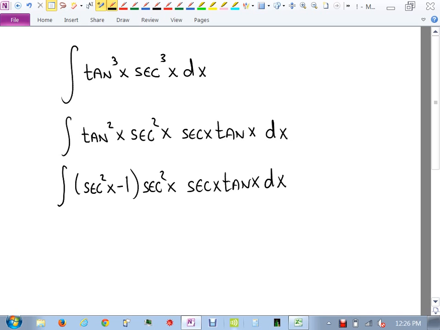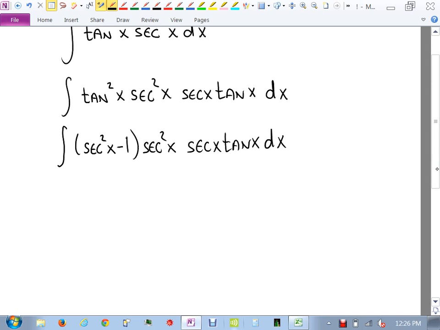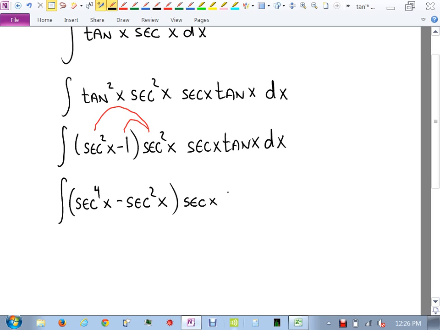Now what? I can do substitution. I'm going to distribute that through first to get secant to the 4th x minus secant squared x, times secant x tangent x dx.